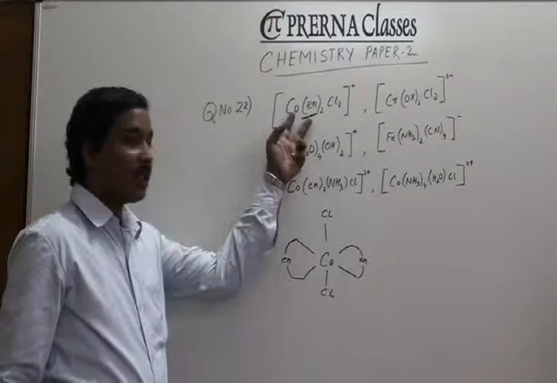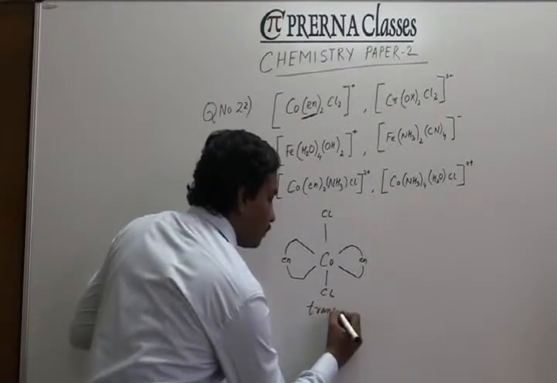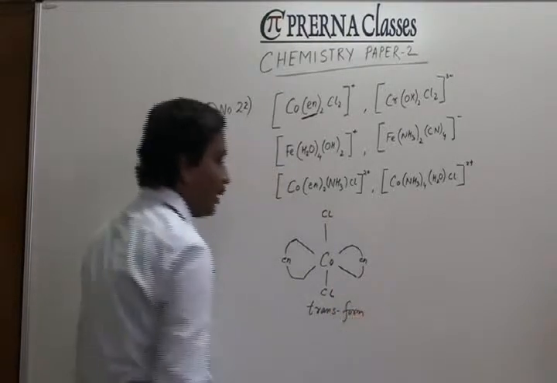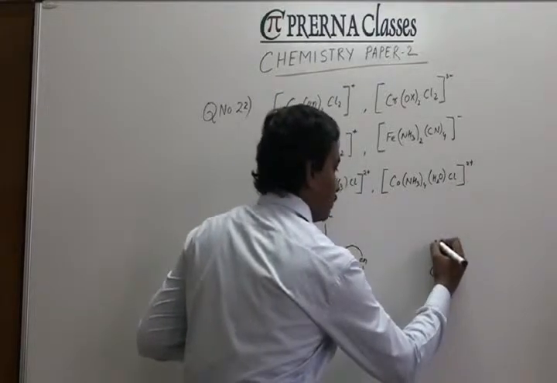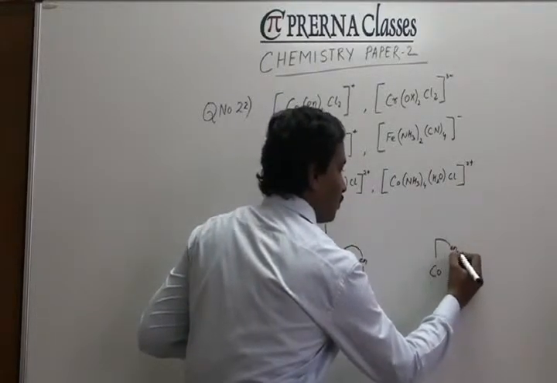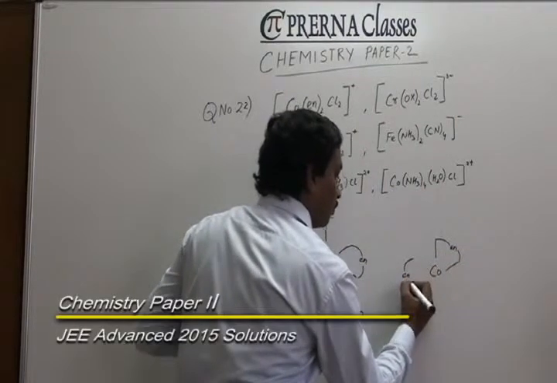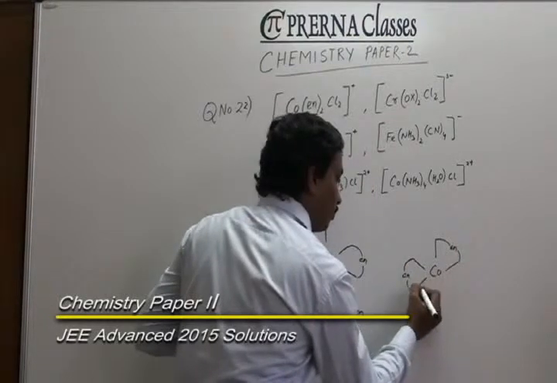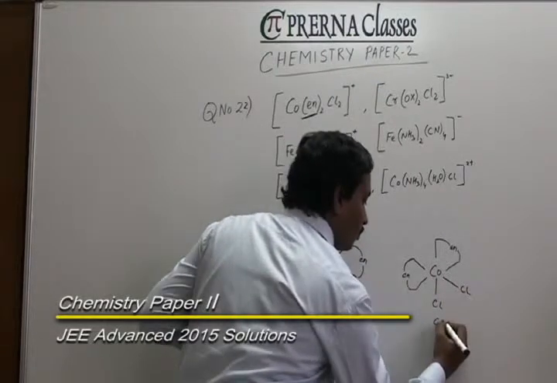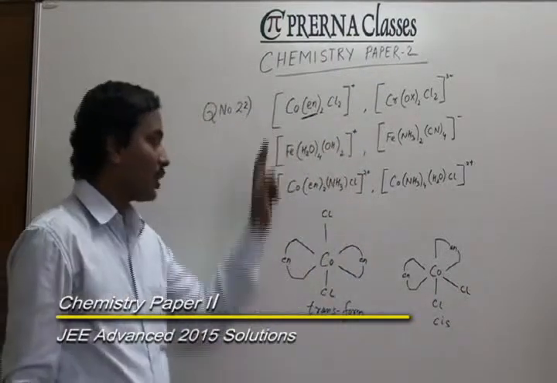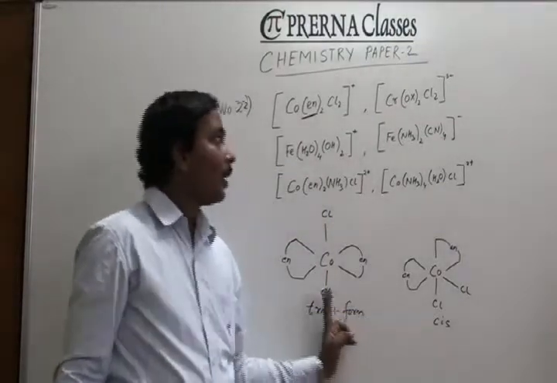This is the trans form of this complex. And the cis form is this. That means the first compound will show cis and trans forms, that means it will show geometrical isomers.